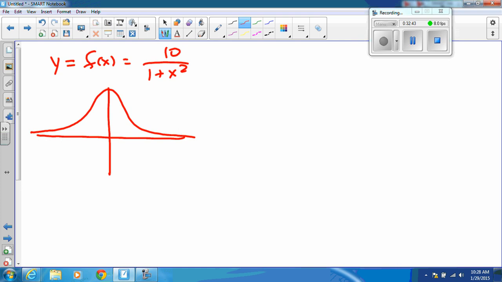How did I know that the graph looks like so? I did it with just two easy steps.